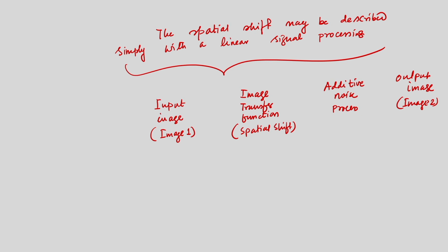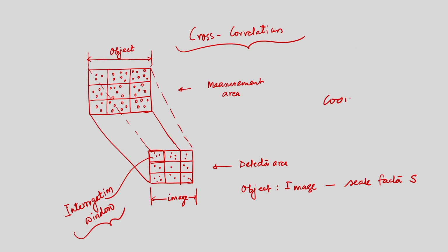Then we get the output image. Say this is f(m, n), in the coordinate system that we have discussed.